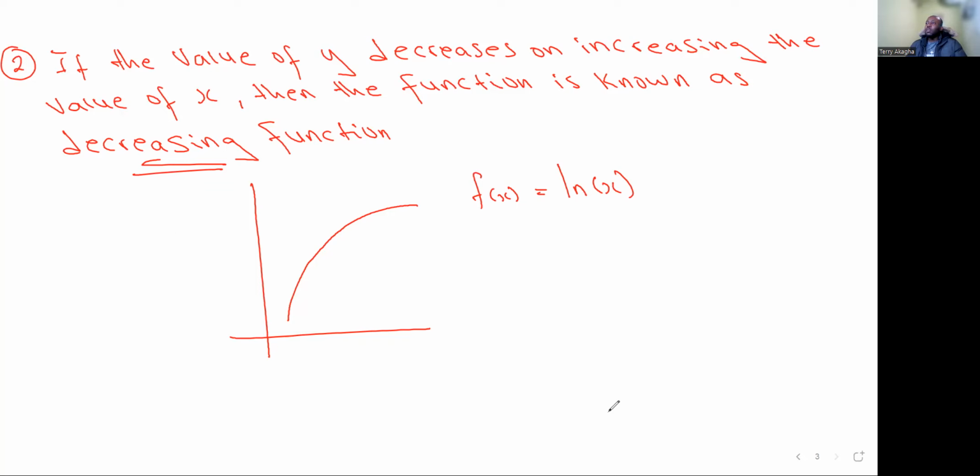Now, the most important one that I want to talk about is the stationary point. A stationary point is a point where the derivative dy over dx is equal to 0.